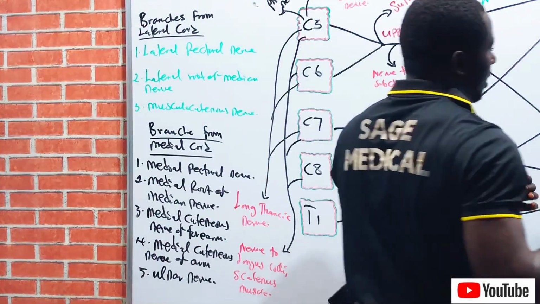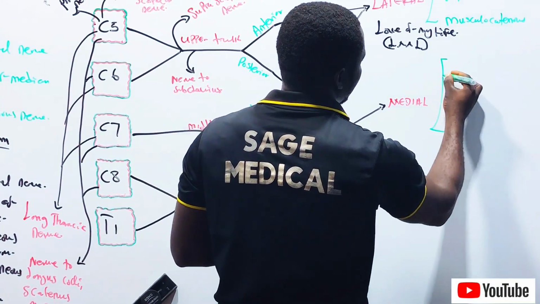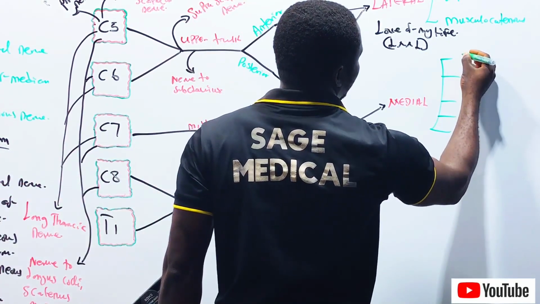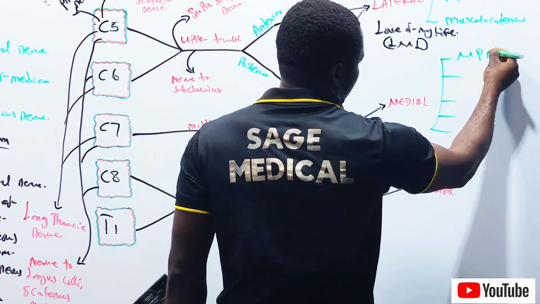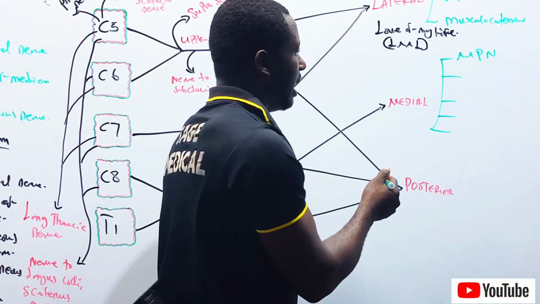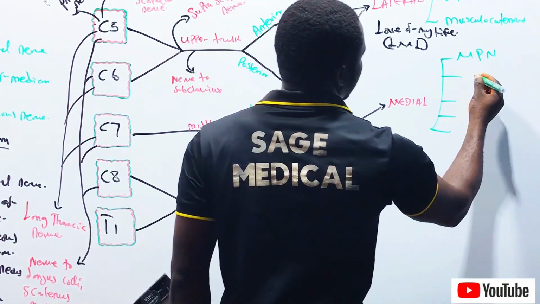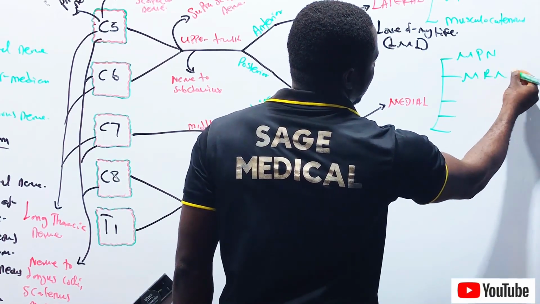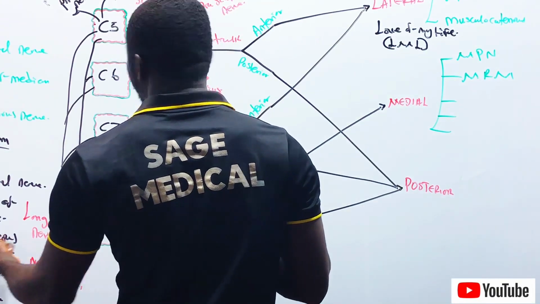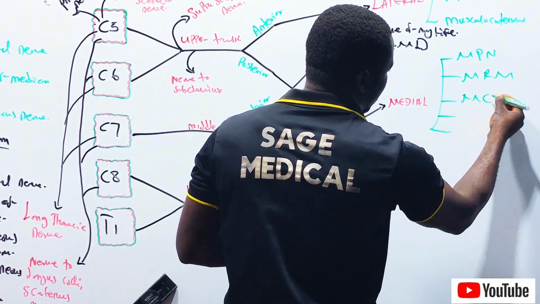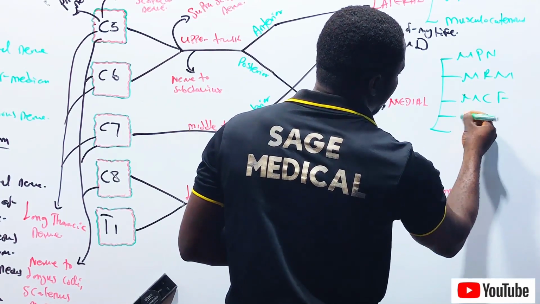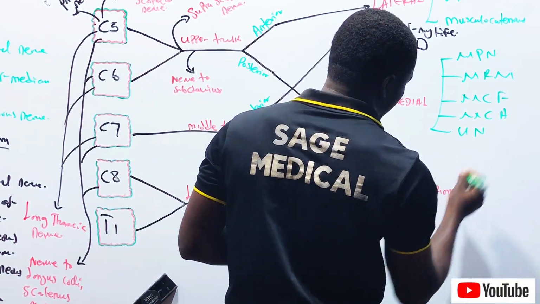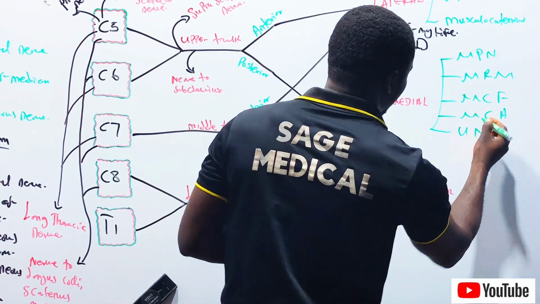Okay. Now here we have the medial pectoral nerve, the medial root of the median nerve, the medial cutaneous nerve of the forearm, the medial cutaneous nerve of the arm, and the ulnar nerve.